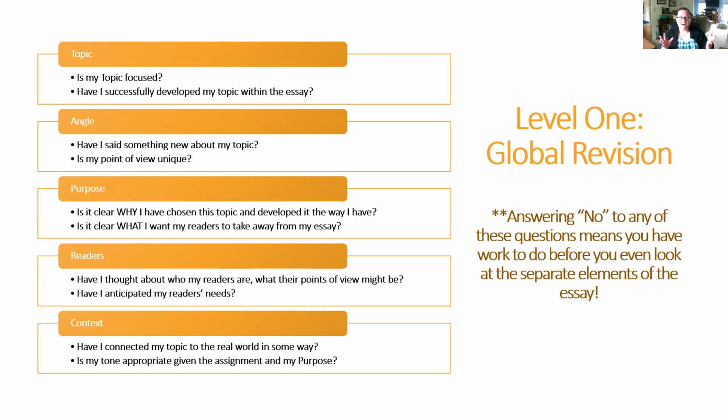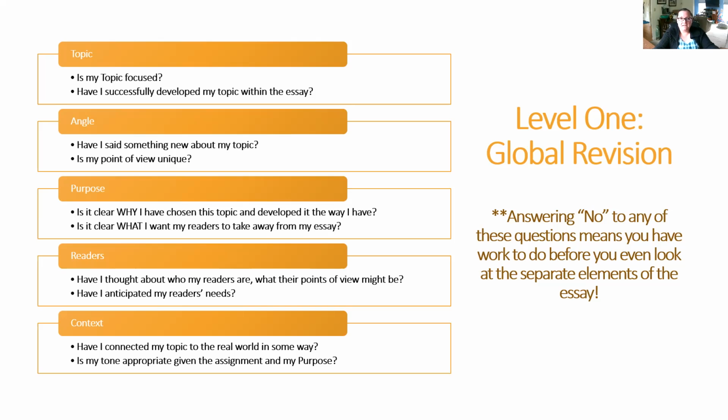Anticipate their needs, the background information they're going to need, explanations that they're going to need, questions they might have, so that you can go ahead and anticipate those questions and address them in the essay. All right, so at the very least, pretend like all of your classmates are going to be reading your paper.